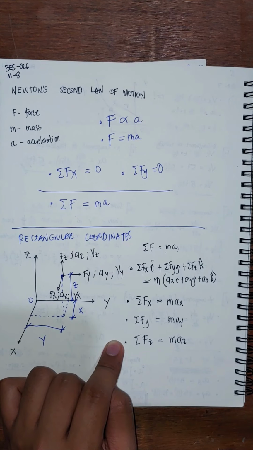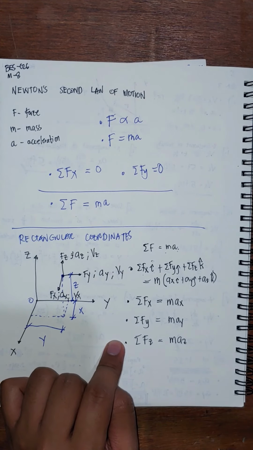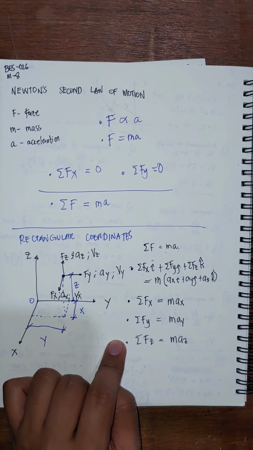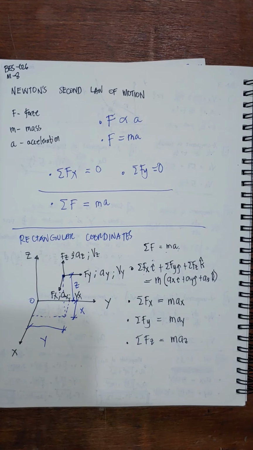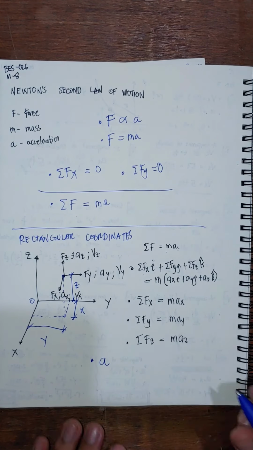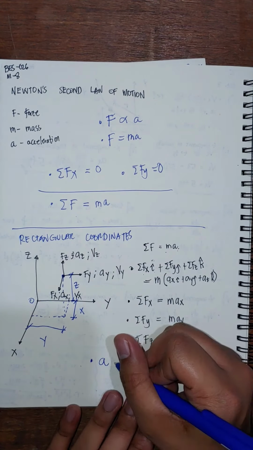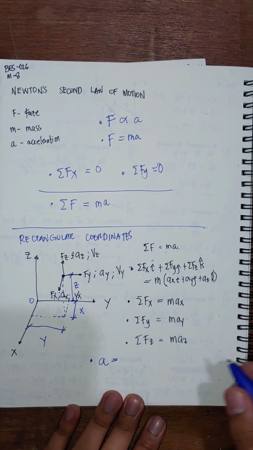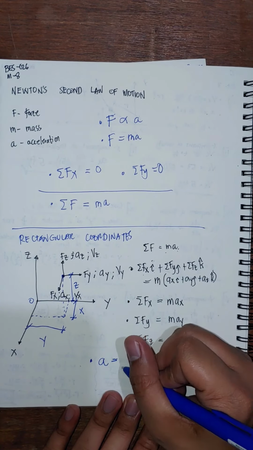Same as in our curvilinear motion, we have the magnitude of acceleration. The magnitude of the acceleration is a scalar quantity. It doesn't show us the direction, but it has the magnitude.